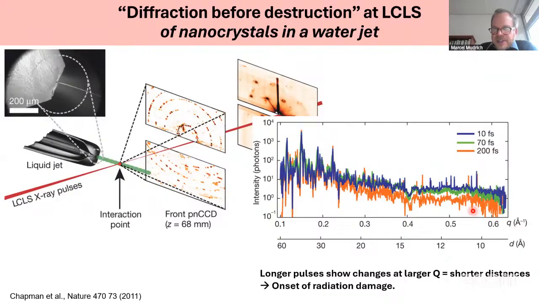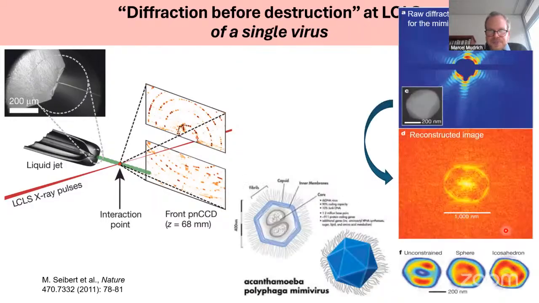So the target gets damaged by radiation damage, and scattering intensity drops on the small atomic scales, which are measured at large Q values.